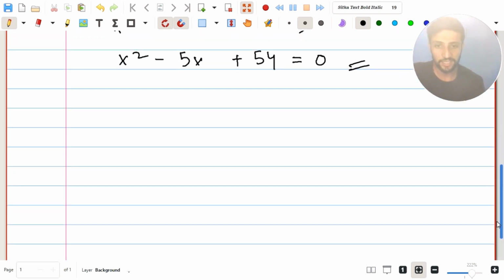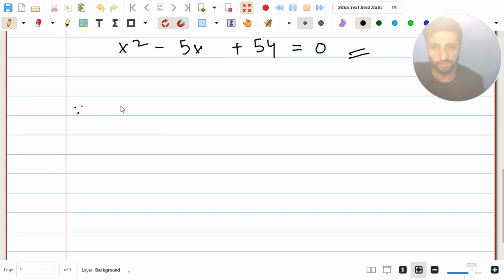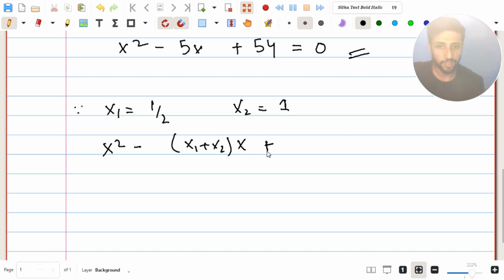So let's take another example. Let's suppose I say that I have two roots, x1 is simply 1 over 2 and x2 is simply 1. So x square minus sum of roots, that is x1 plus x2, into x, plus product of roots, that is simply x1 into x2, is equal to 0. This is a very nice formula.